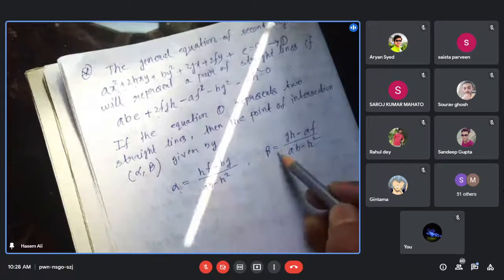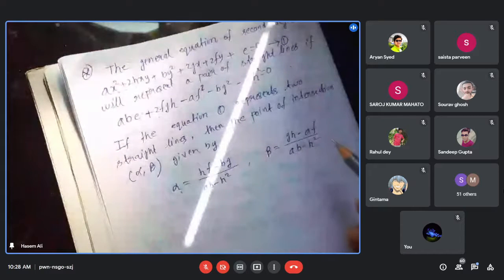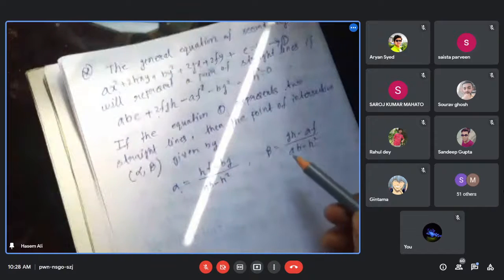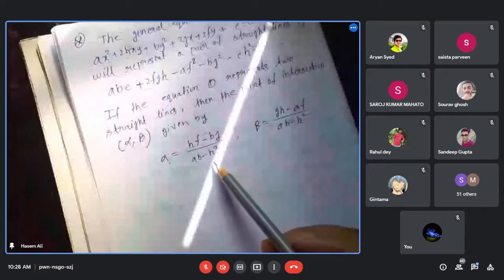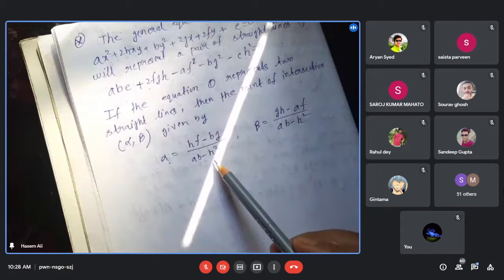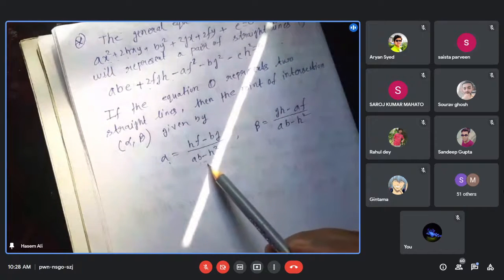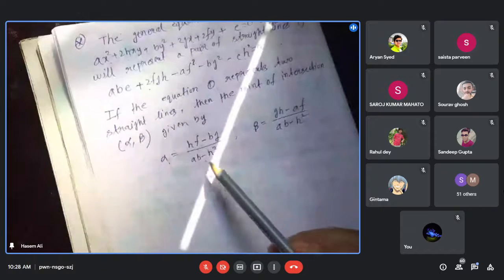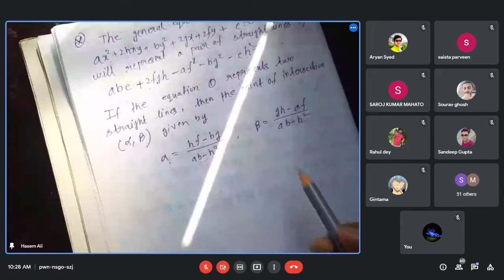This alpha beta will be the point of intersection of the two straight lines. Of course, if ab minus h square equals to 0, then the two straight lines cannot intersect.